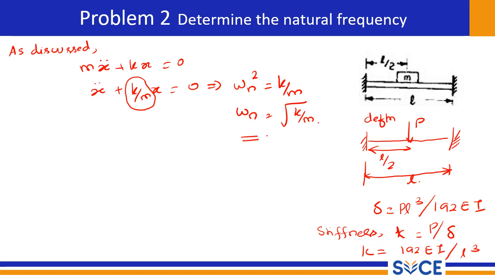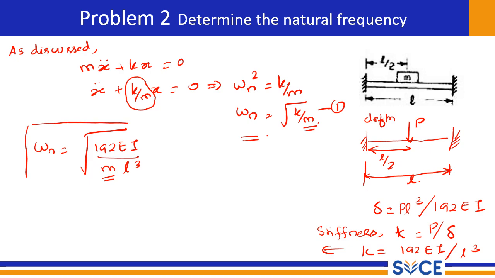So when I substitute the stiffness value for this beam in equation 1, natural frequency equals root of 192 EI by m L cube. This is the natural frequency formula for the fixed beam when the load is centrally placed.